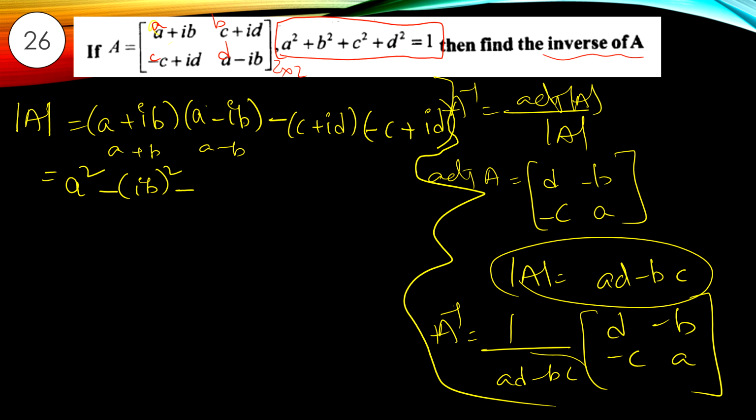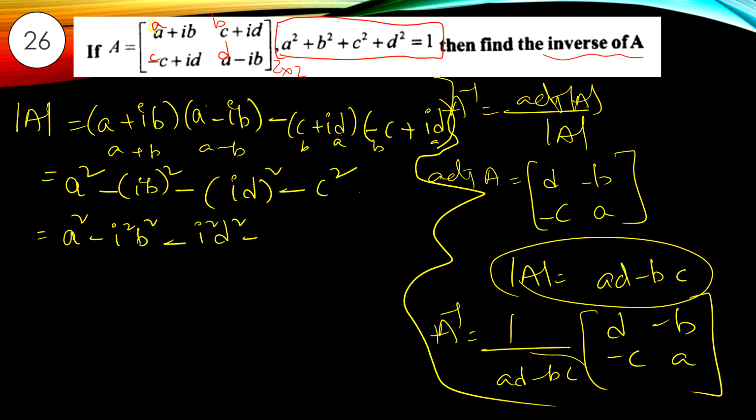Here also we can say this is an a and this is a b. So a square, simply I will take (id) square minus b square, so simply c square we can take. So from this, a square minus (ib) square means minus i square into b square, minus i square into d square minus c square.